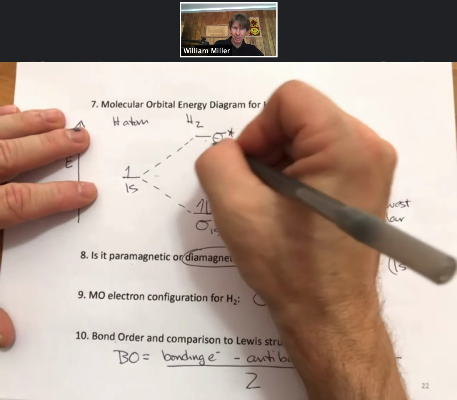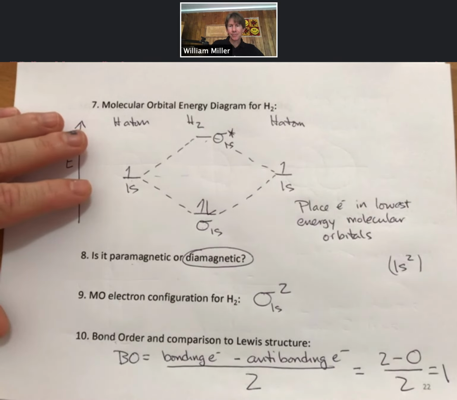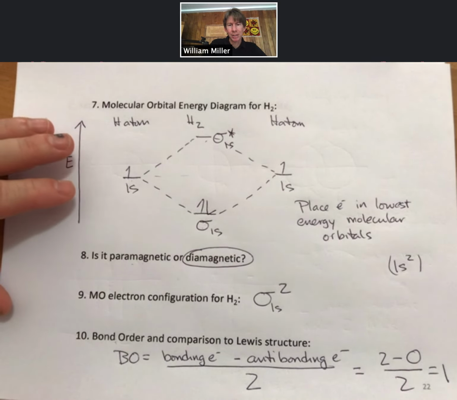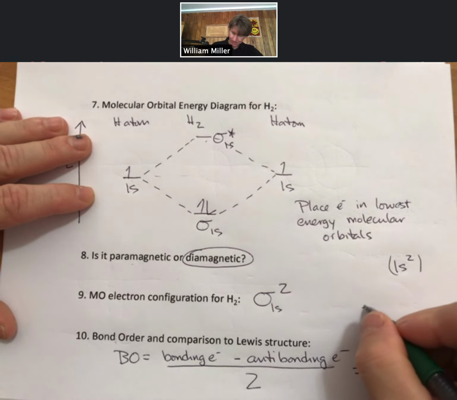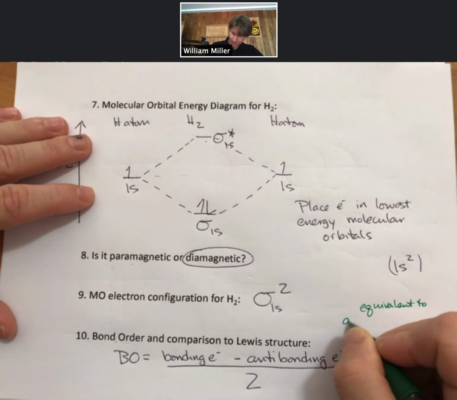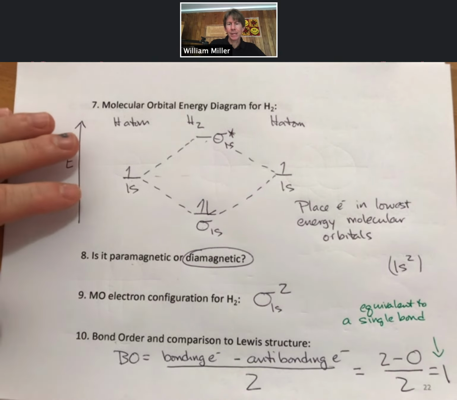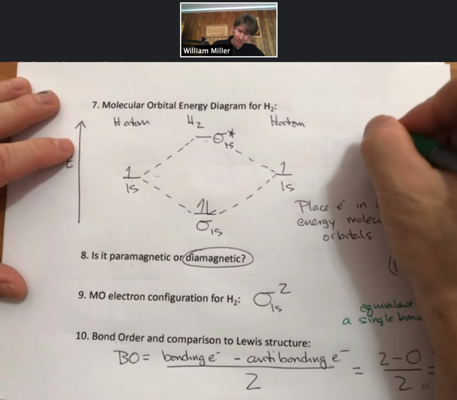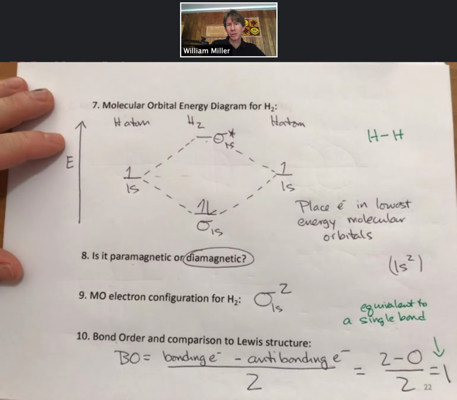We have 0 antibonding electrons. Divide that by 2, and we get a bond order of 1. And a bond order of 1 is equivalent to a single bond, and that's what we would predict if we drew the Lewis structure. A single bond between the 2 hydrogens.